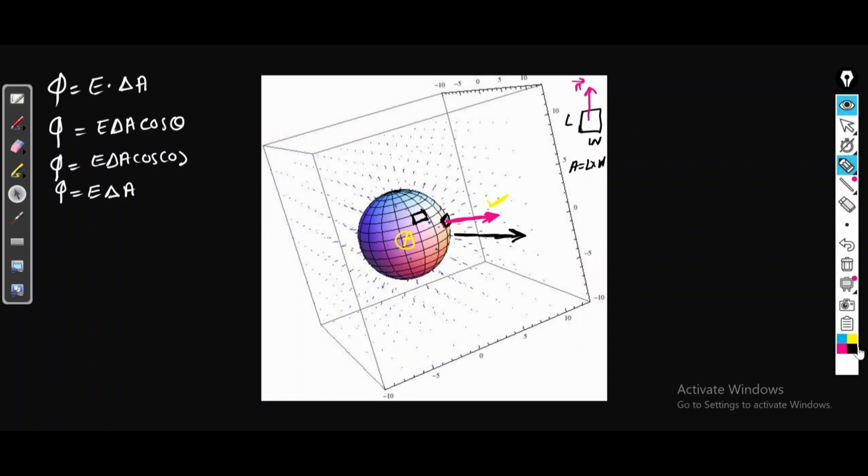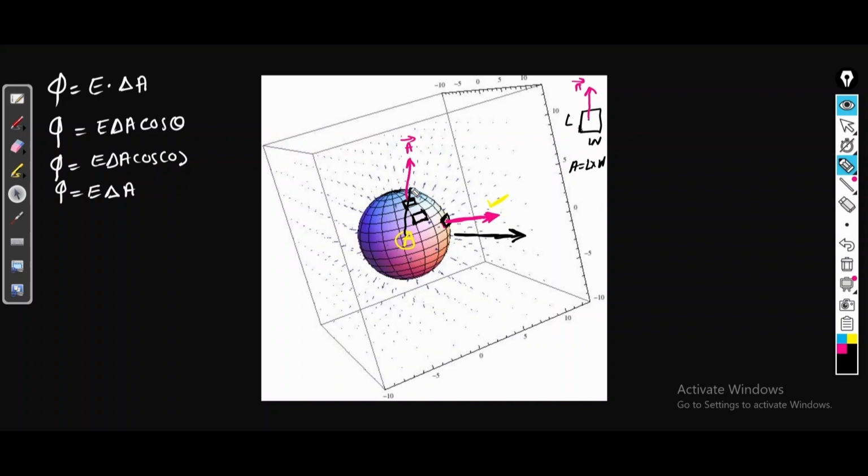And now consider the same differential area here. In this case the direction of the area is perpendicular to this area, and the direction of the electric field lines is moving away from this positive charge.